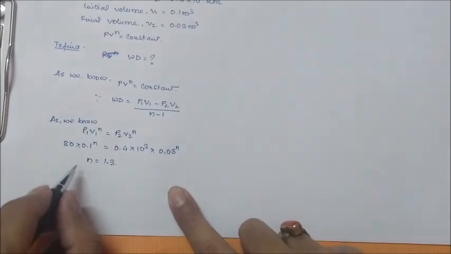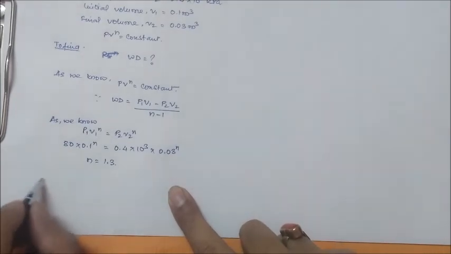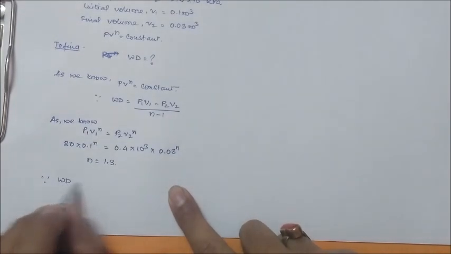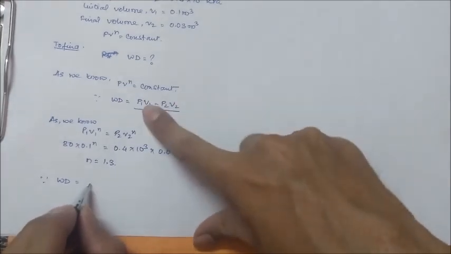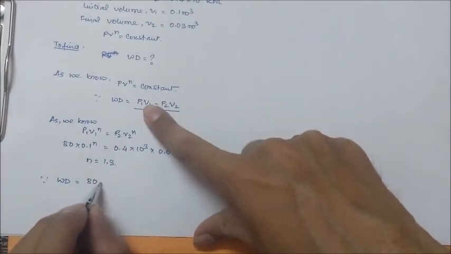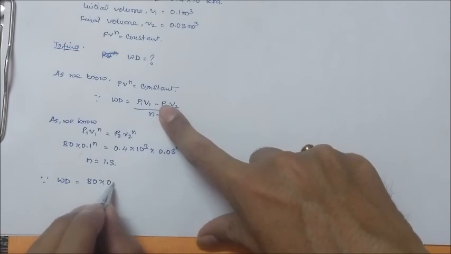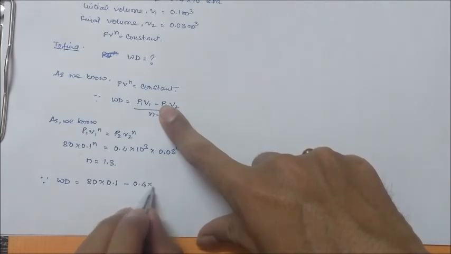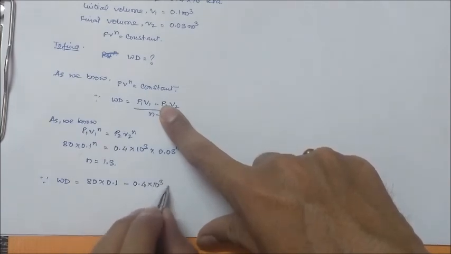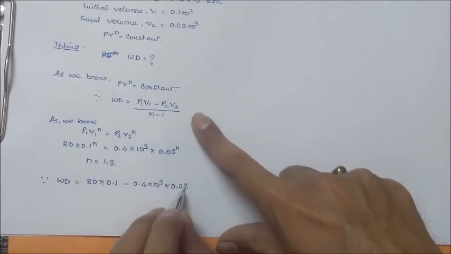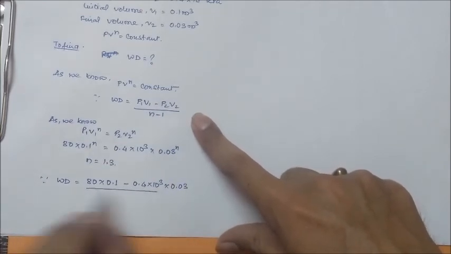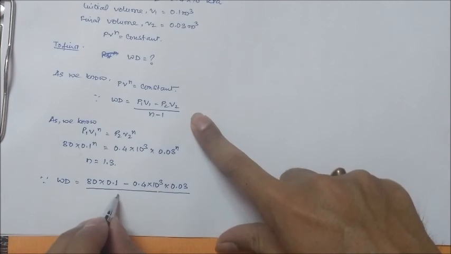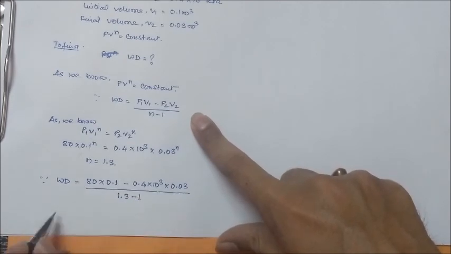When n is 1.3, our work done: P1 as 80 into V1 as 0.1, minus 0.4 into 10 to the power 3 into 0.03, we will divide it by 1.3 minus 1.